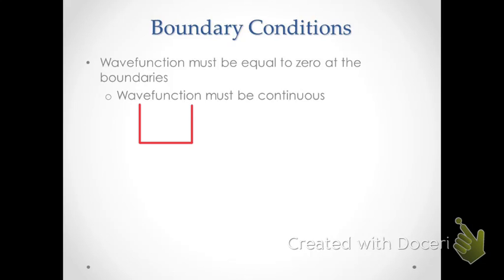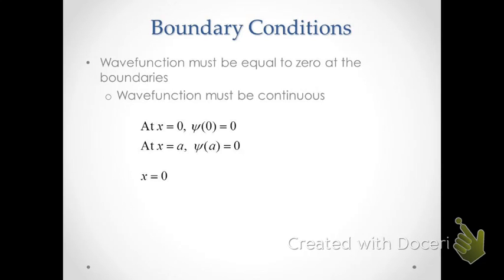Because of that continuity, if we look at this simple diagram for our barrier, showing the region 0 to a, outside the box the wave function is equal to 0, and so at the boundaries it's equal to 0. That means that when we figure out the wave function inside the box, it also must be 0 at these boundaries. That's very important, so succinctly we write that mathematically as we have right here.